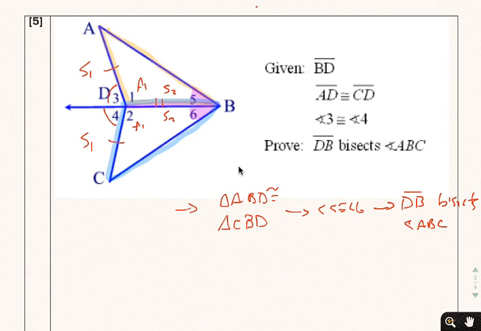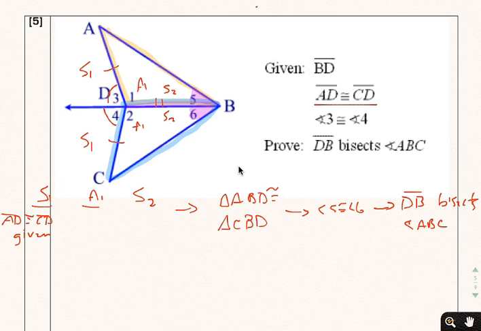So again, kind of writing our plan out. Side, angle, side. Well, let's see. Side 1 was actually given to us in our original statement. So I can prove AD congruent to CD because it's been given.